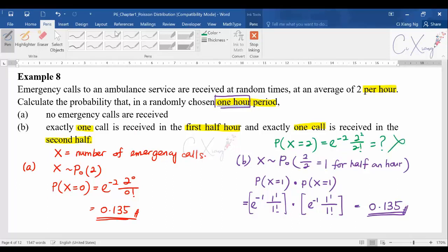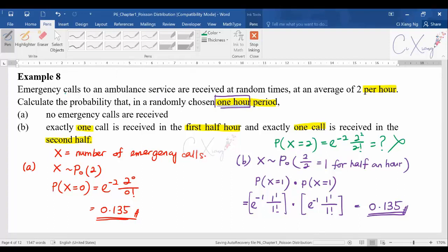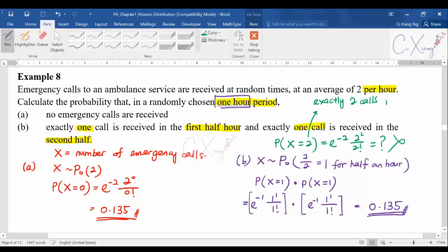Because according to this question, you need to follow the meaning in the question. Generally what they have is 1 call in the first half an hour, another call in the second half an hour. So you calculate the probability separated into 2 half hours, and then only you combine them. If you do it like this, in the green color one, then the question will be something like exactly 2 calls in an hour period.